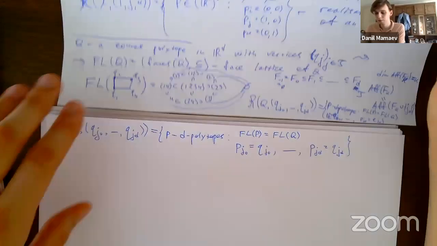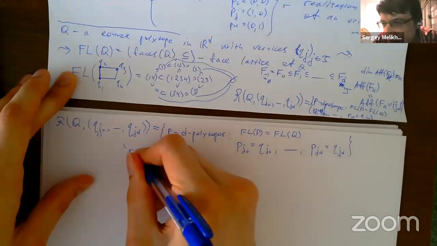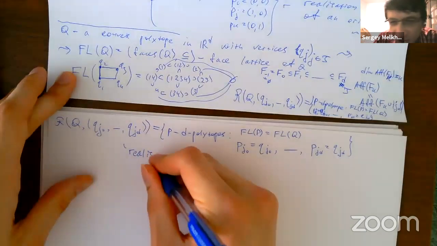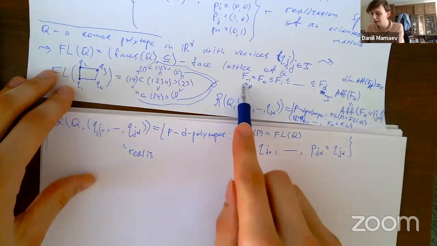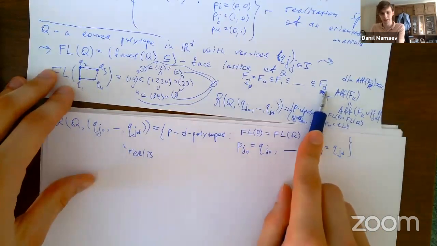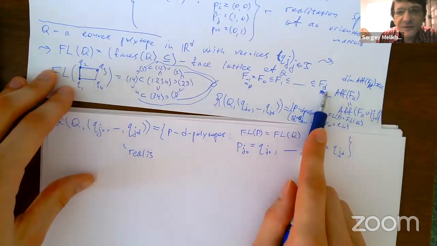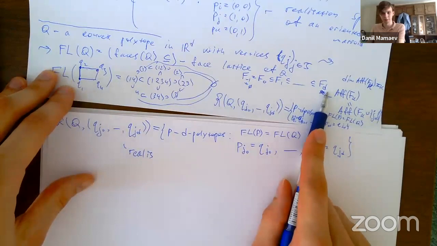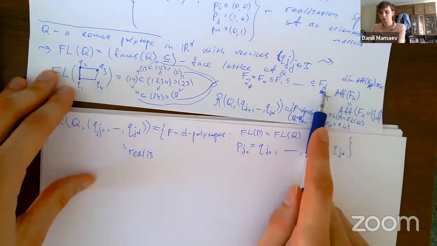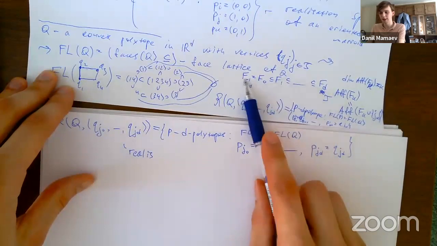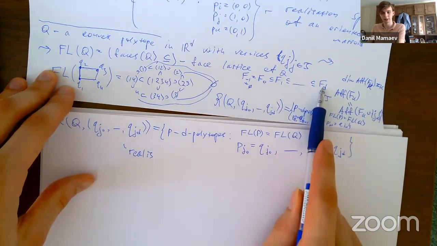Is it what you denoted by J sub K? Yeah, J sub K, well, we have these sets of indices. Each time we add one index in such a way that dimension increases by 1. And these are all faces.